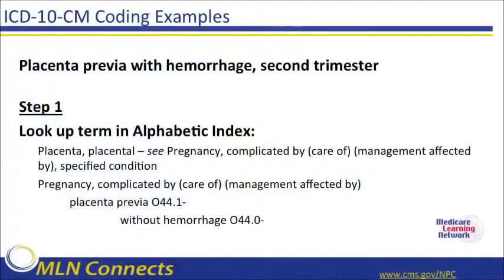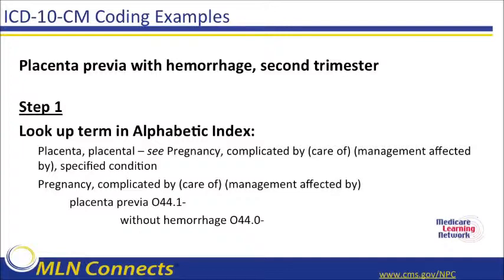The next coding example on slide 30 is placenta previa with hemorrhage, 2nd trimester. You might know to start by looking up pregnancy complicated by in the index. But if you didn't, and you started by looking up the term placenta in the index, you are directed to the term see pregnancy complicated by specified condition.